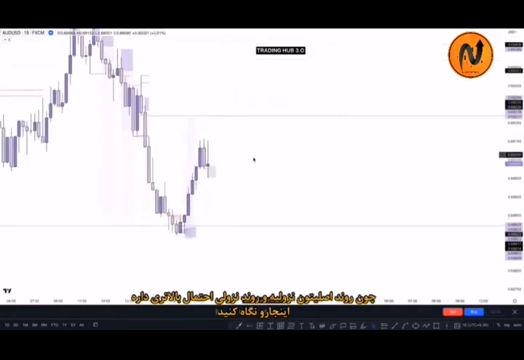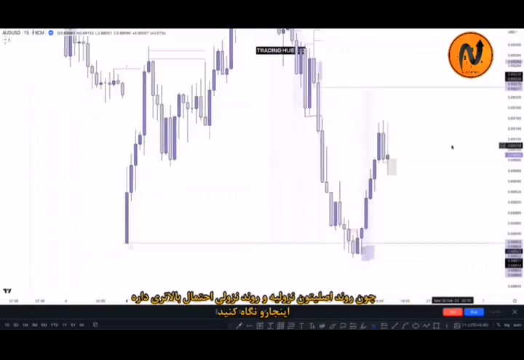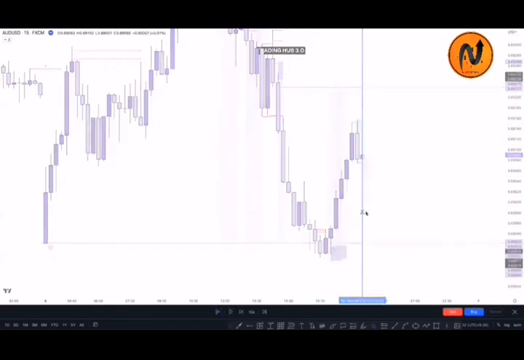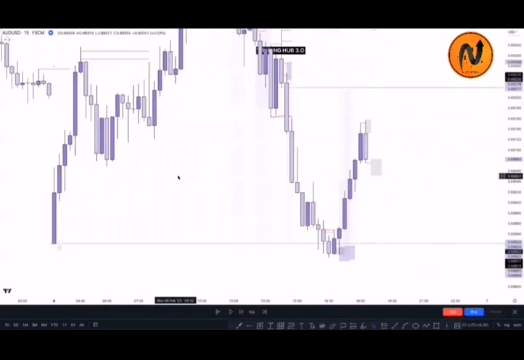If you look at this picture here, the previous candle high was taken out here. Now you can understand better.